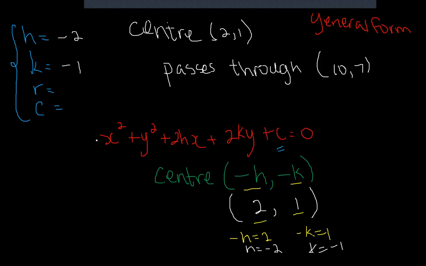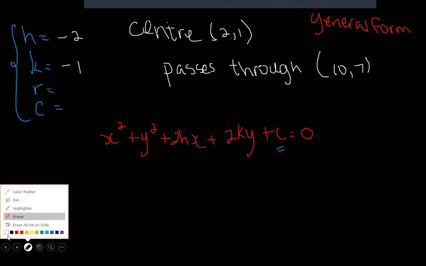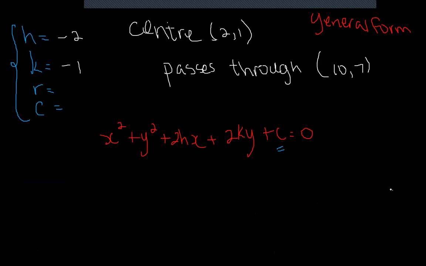Now we need to know what r is. So how are we going to find r? That's what you need to ask yourself. Remember, you could draw a little sketch if you think that would help you.